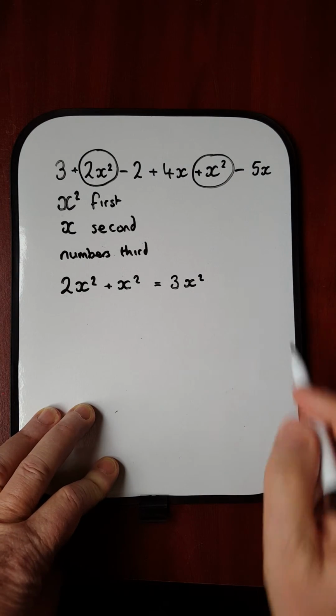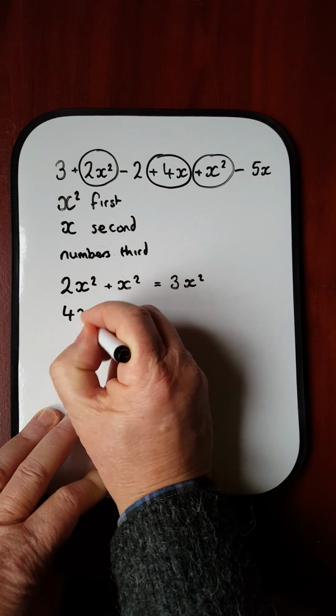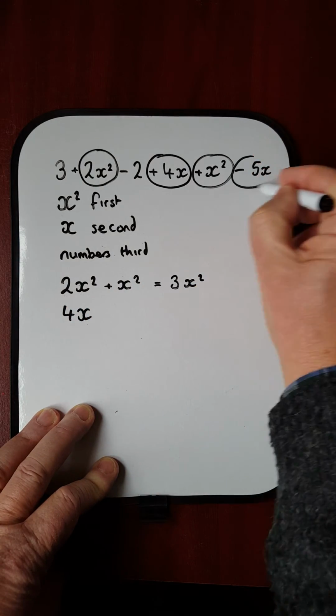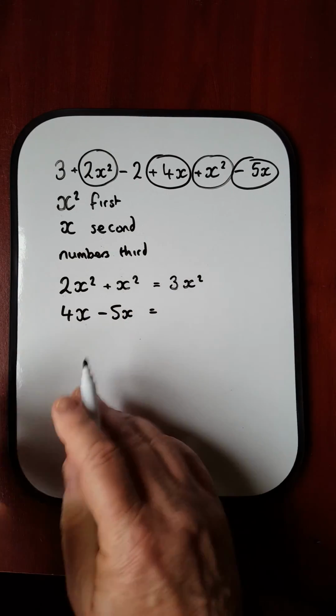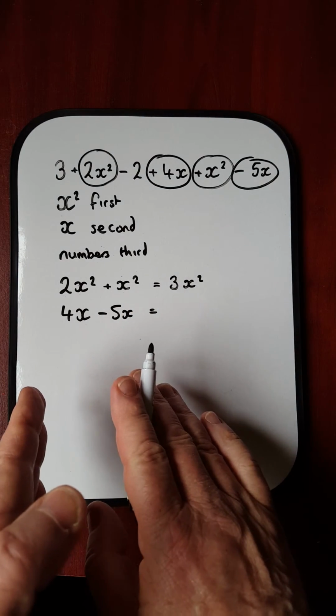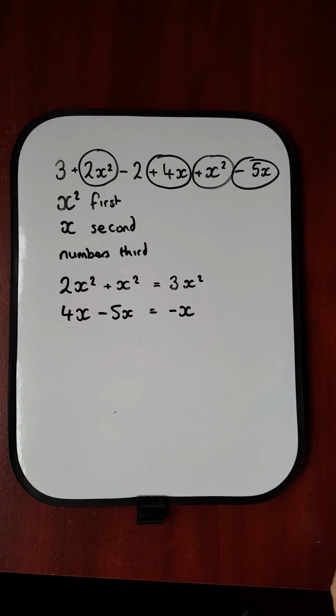Now the regular x's, we've got 4 of them, minus 5 of them. 4x's minus 5x's leaves you with minus 1x. We don't write 1 in algebra, so it's minus x.